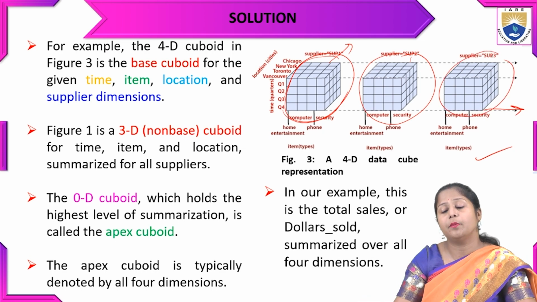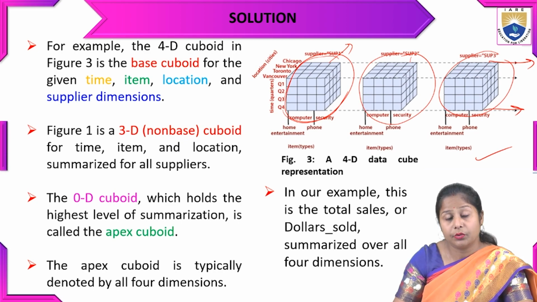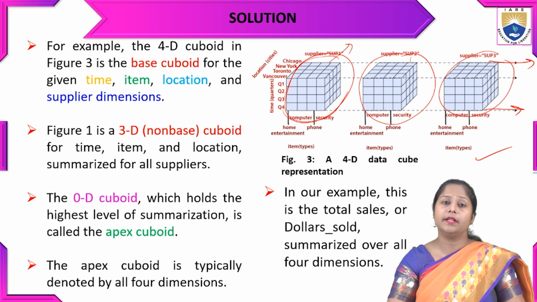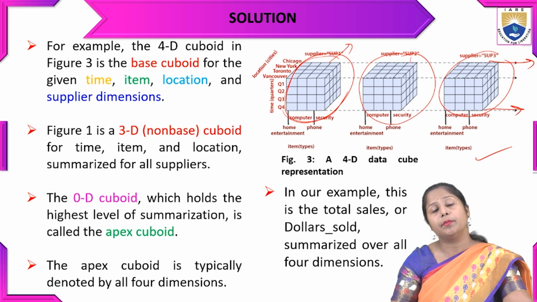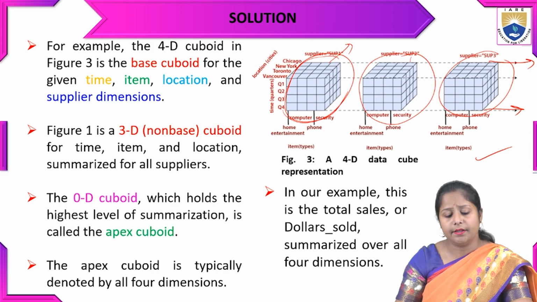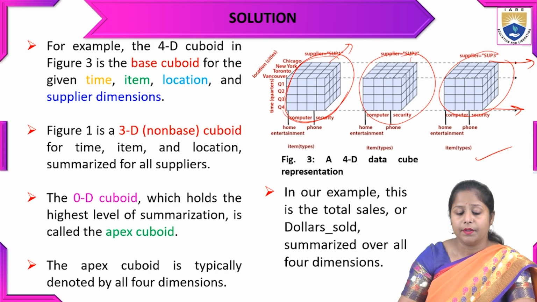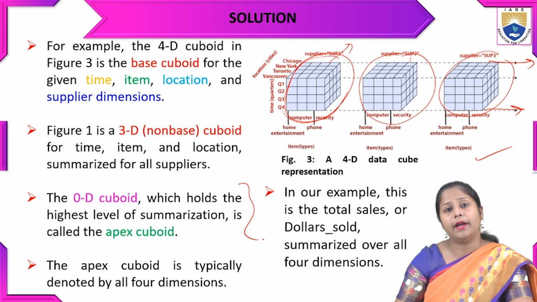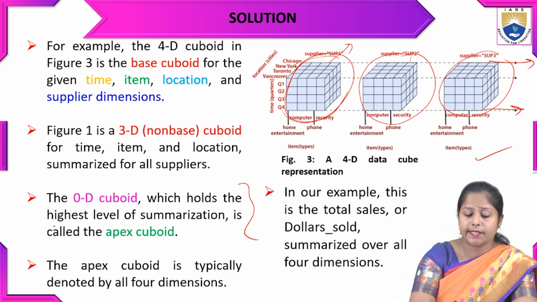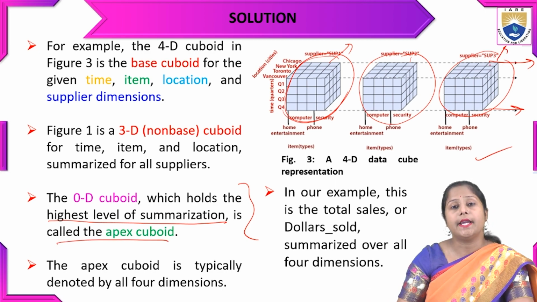Like this in figure 1, there was the 3D cuboid, which was the non-base cuboid, for item, time, location, the 3 dimensions, for all of the suppliers. But the 0D cuboid, which holds the highest level of summarization, is called an apex cuboid.